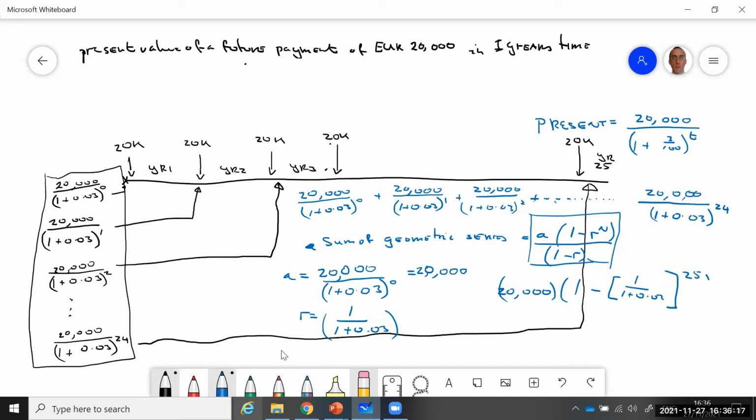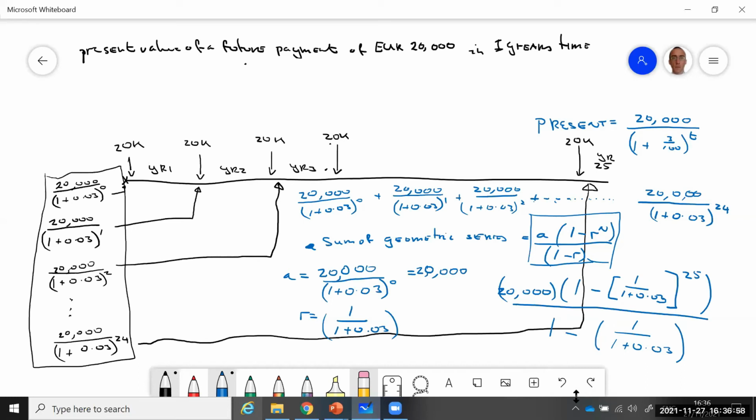Close that bracket, all over 1 minus r, which is 1 minus 1 over 1.03. There's a lot going on here, but it's just a geometric series, and we're just subbing in the terms. We're very careful about what the first term a is, and what the geometric ratio r is, and the number of terms, count them, 0 to 24, so it's 25 terms.